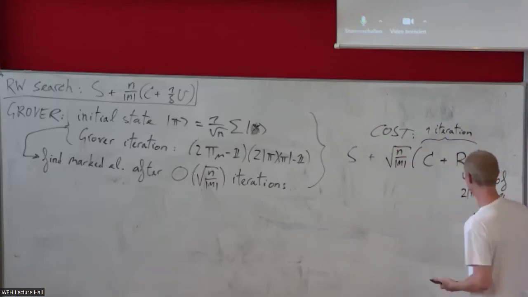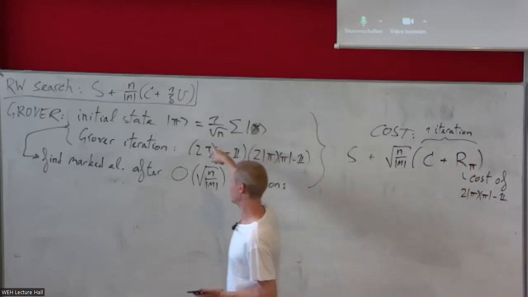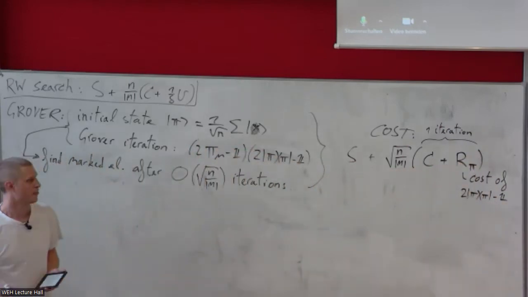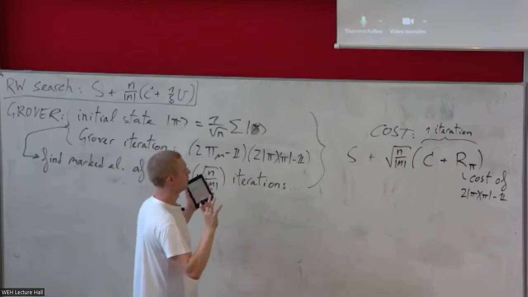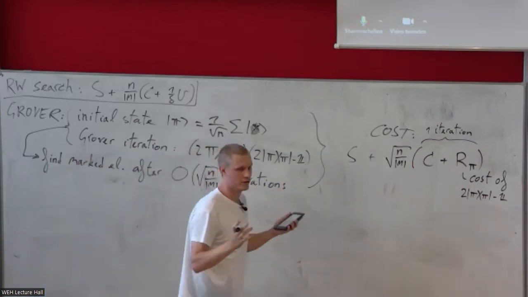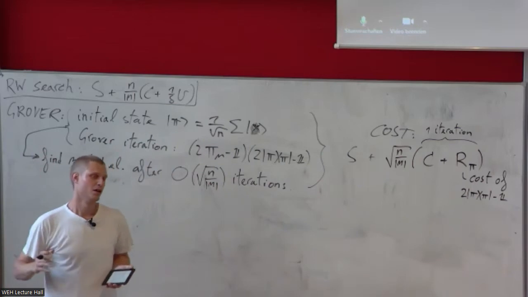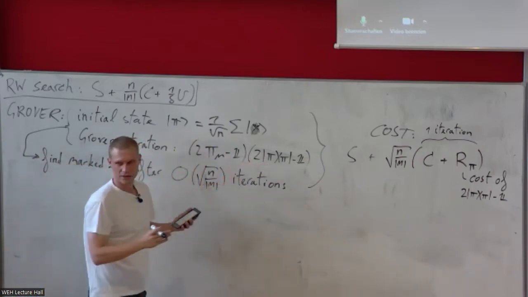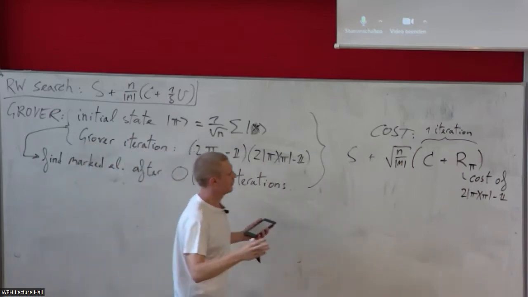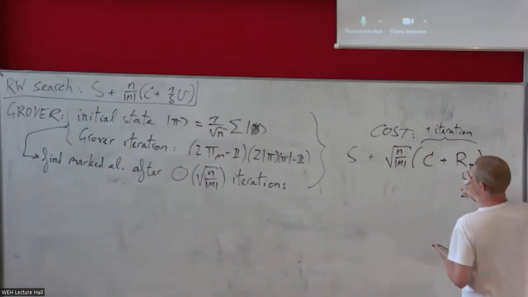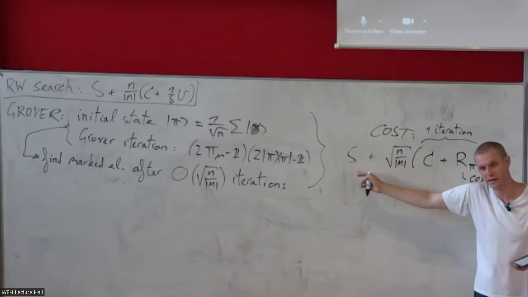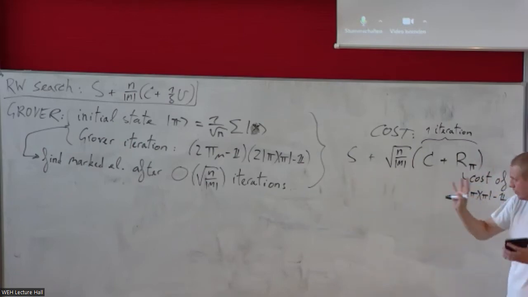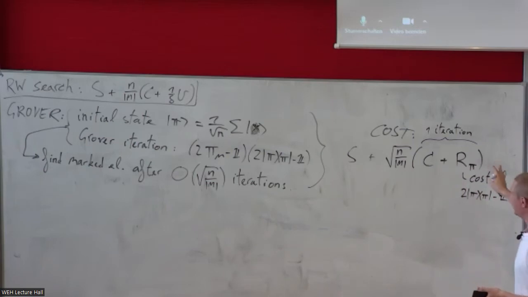I already mentioned that setting up this quantum superposition is a non-trivial thing. But with that cost, if you have some unitary that sets it up, I think this was also covered, you can not only prepare the state, but you can also reflect around it. So we could say R pi is of the order of S, and indeed is upper bounded by that, assuming some technicalities. But as it turns out, there's actually a much easier way to do it.